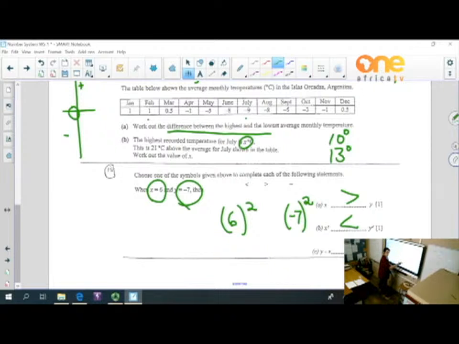You shouldn't get -49, it's +49. And then the last one, Y minus X. So -7 minus 6 is -13, and 6 minus -7 is +13. So this is again less than there. Right.